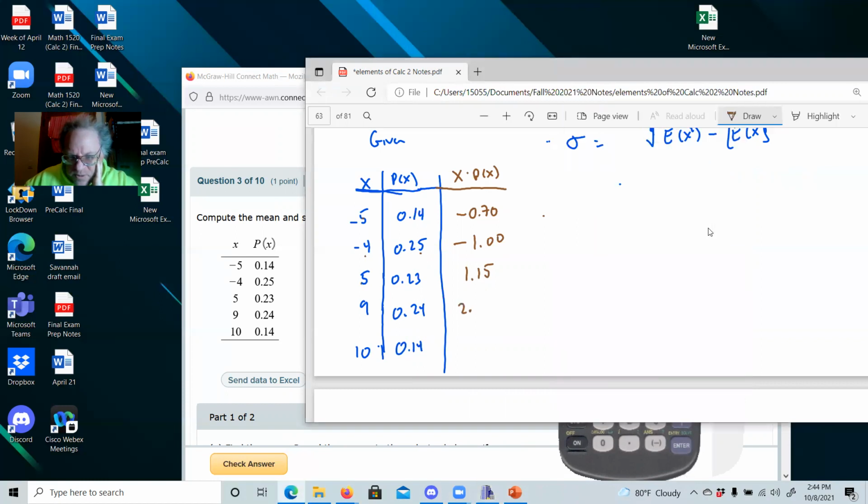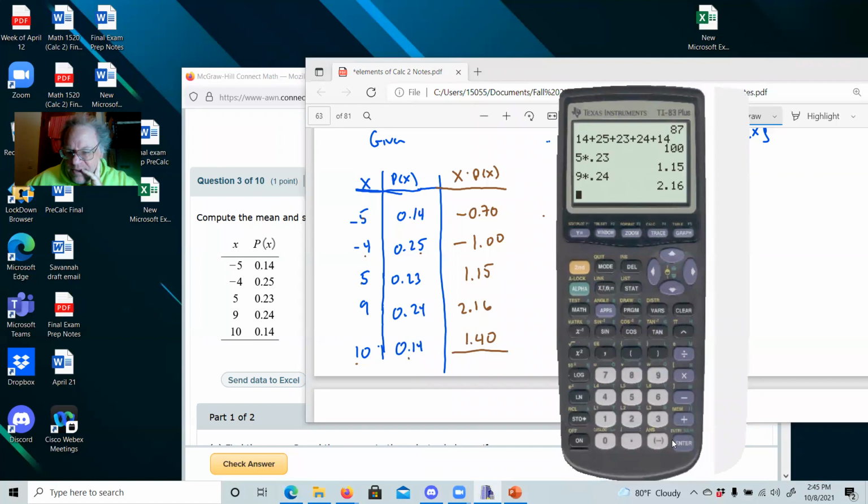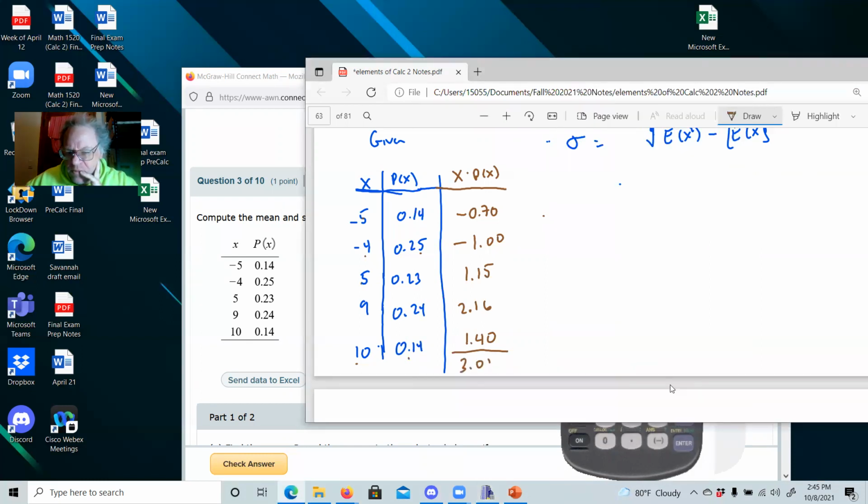So this was 2.16. And then 10 times 0.14, that's $1.40. Just move the decimal place over. And now we're going to add these up. So we have negative 0.7 plus negative 1 plus 1.15 plus 2.16 plus 1.40 equals, we added those up, 3.01.